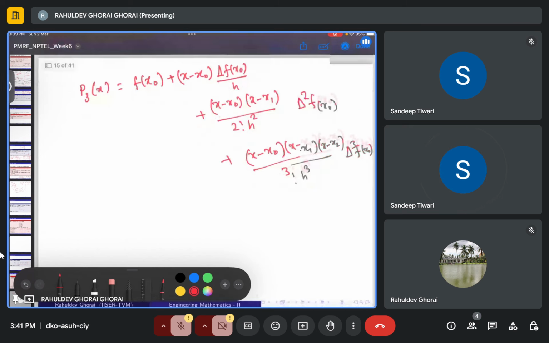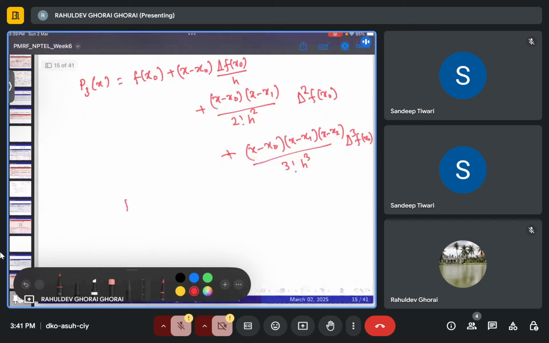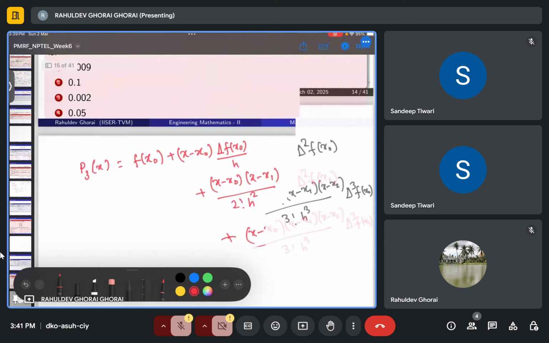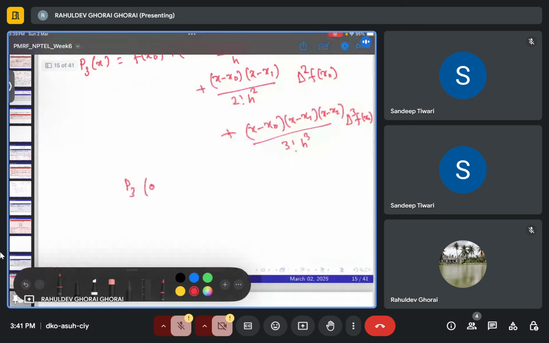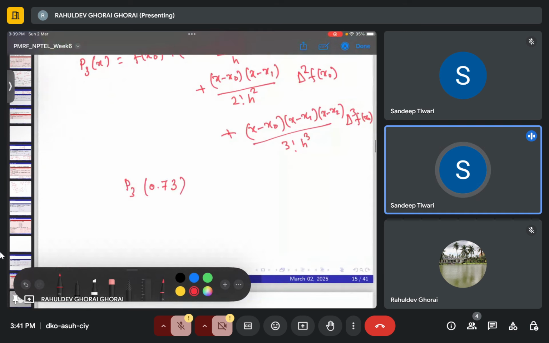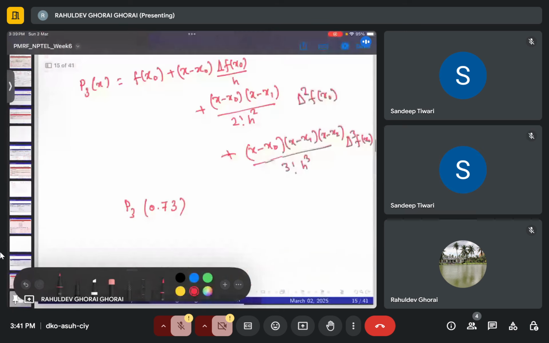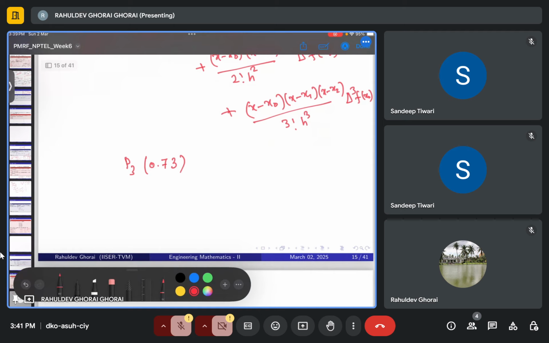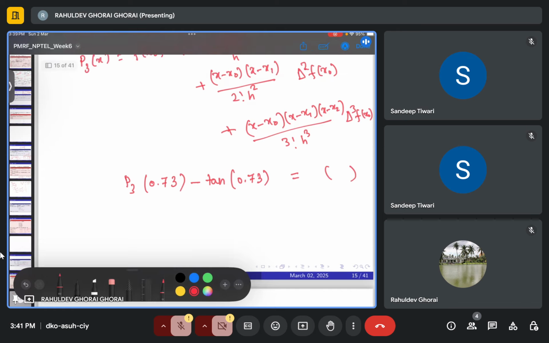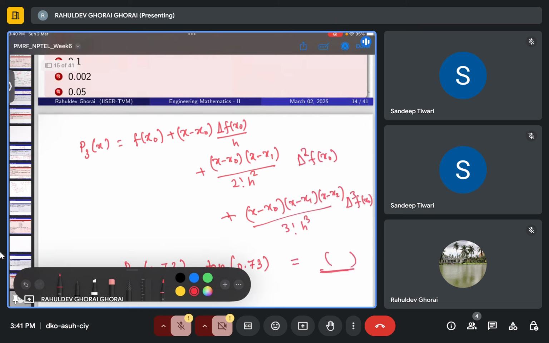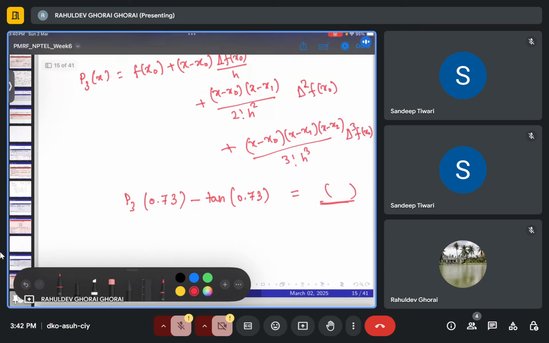So now what you need to find is P3 at 0.73. Then you need to take tan of 0.73, you can do it in the calculator. Then whatever comes, that will be the error. When you need to find the actual error, you cannot use that formula.